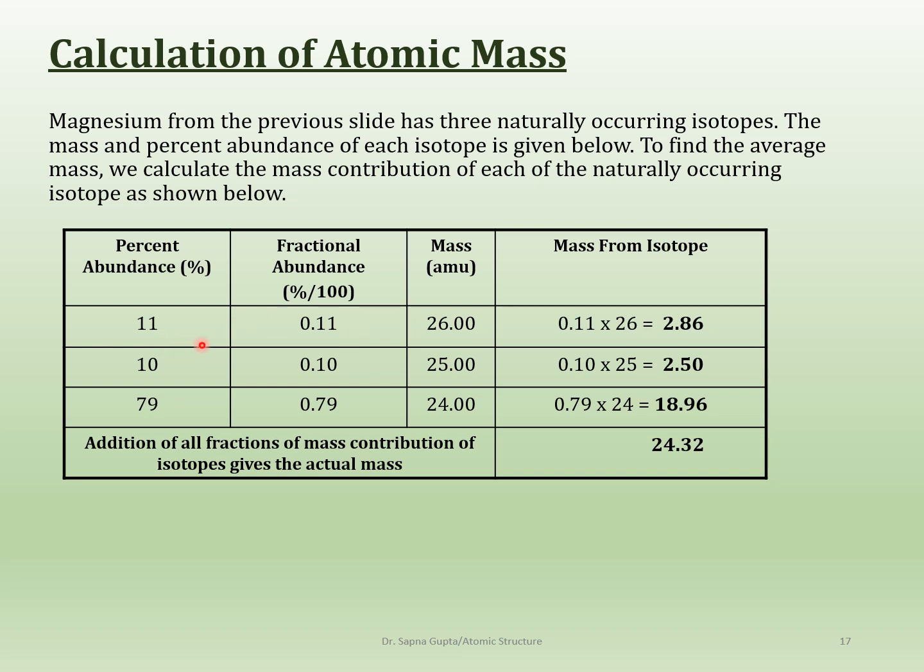So 11% is actually 0.11 in numbers, and then you multiply that by 26. It means that 11% of magnesium 26 contributes 2.86 mass to the total mass. You find the proportion of each of those isotopes, and once you figure that out, you just add it up. It's a very simple calculation, and you end up with 24.32.